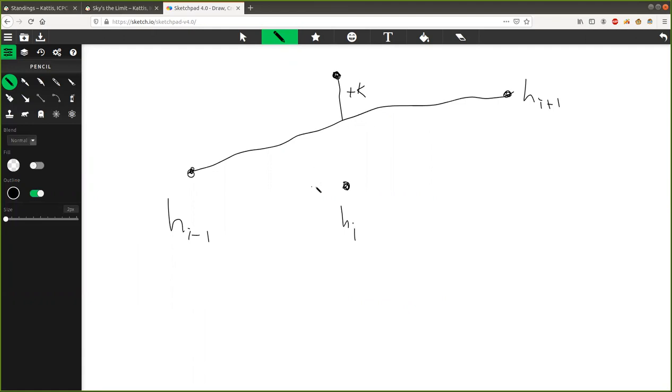So basically we always want a house to be at least the average of its neighbors plus k. And as long as that condition is not held, then we should increase it.